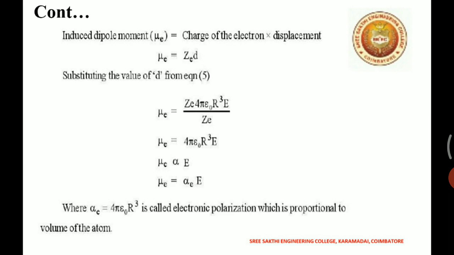The two equal charges, that is plus Ze and minus Ze, are separated by a distance d, and this can be given by induced dipole moment is equal to charge into distance. So the charge we have taken as Ze and the distance is d.